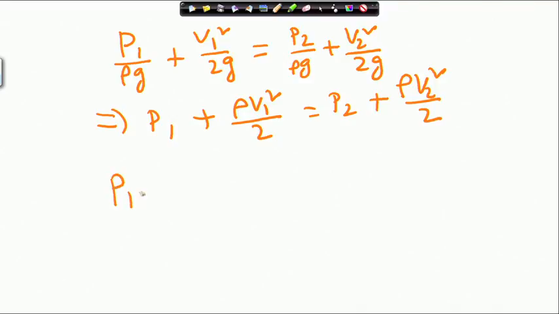P1 minus P2 can be written as rho g delta H. The differential pressure head delta H can be written as P1 minus P2 equal to rho g into H.